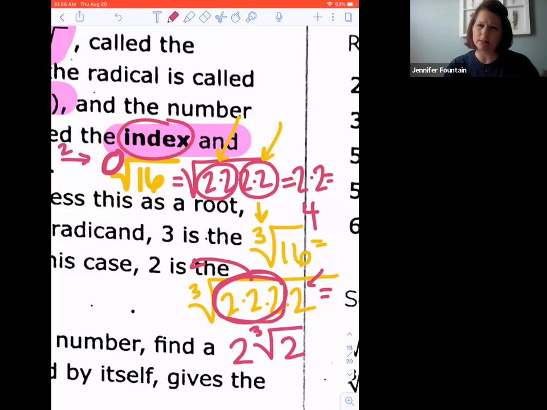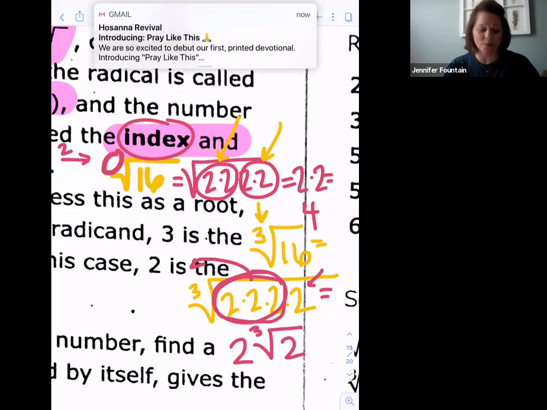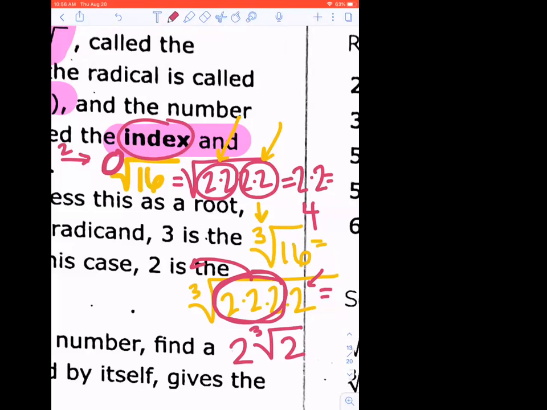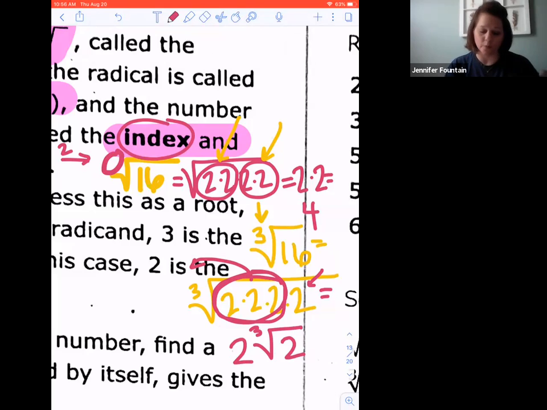Does that make sense? And I will tell you, buddies is not a mathematical term. That is a Jennifer Fountain term. It's just the best way that I've been able to come up with, trying to find the best way. But it just seems to work for me. So if you have a better suggestion, please let me know.